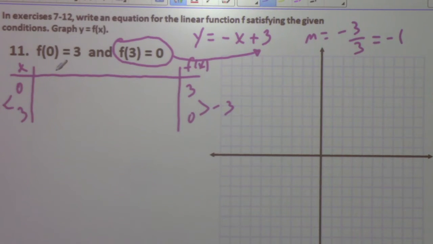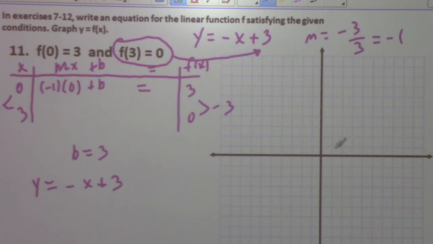And so if we have mx plus b equals 3, in this case m is negative 1, x is 0, plus b is equal to 3. So b is equal to 3, is that right? And so we have y is equal to negative x plus 3.